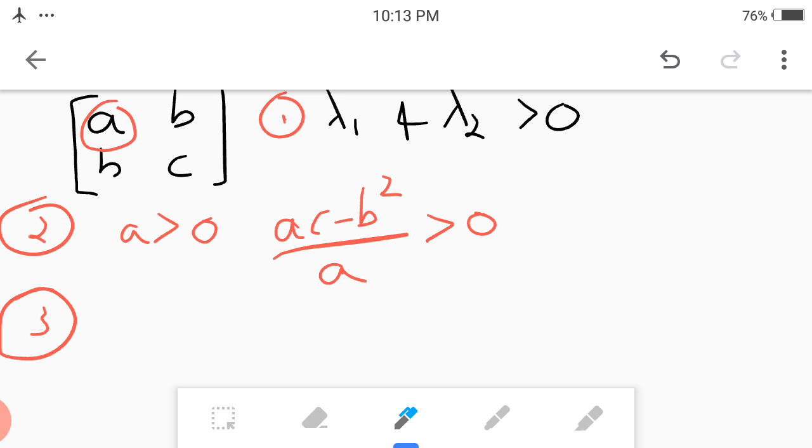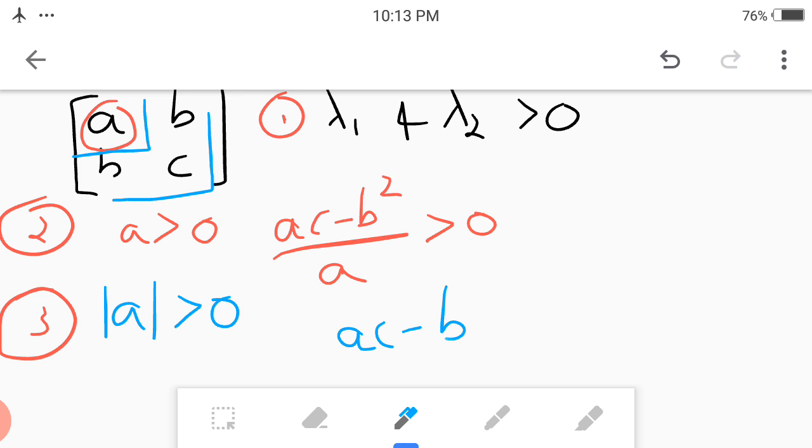Subdeterminants means 1 cross 1 determinant, 2 cross 2 determinant, 3 cross 3, till n cross n. Okay, so your first subdeterminant will be this 1 cross 1, which should be greater than 0. What is your second determinant? It is 2 cross 2, AC minus B squared, which also has to be greater than 0.